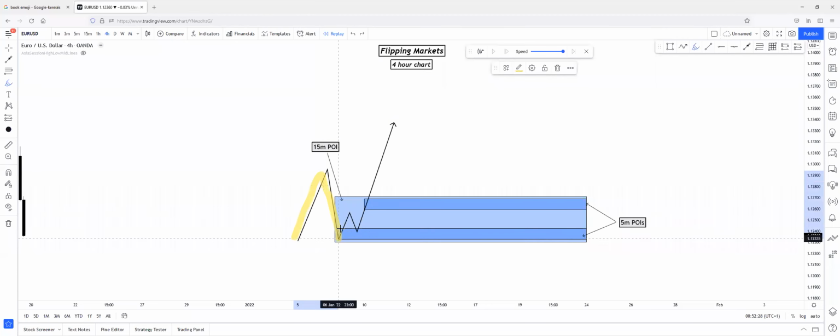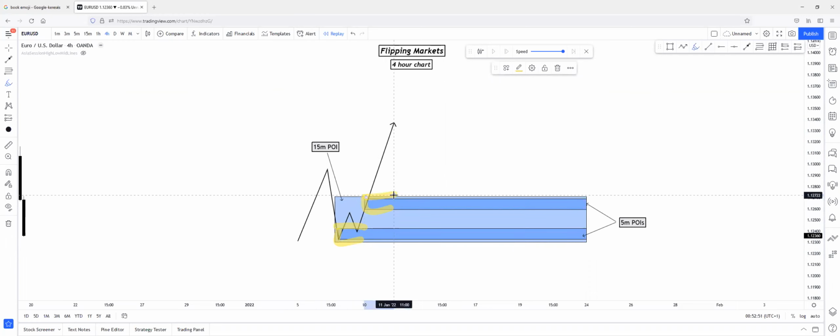So as you can see, price is moving in an uptrend here, creating a series of higher highs and higher lows. We will have this 15-minute zone here because it created a breakout structure to the upside with an inefficient movement. So we can safely mark out this 15-minute zone. If you want to refine this 15-minute zone on the 5-minute, you will see two different 5-minute zones inside of this 15-minute. The first one is down here.